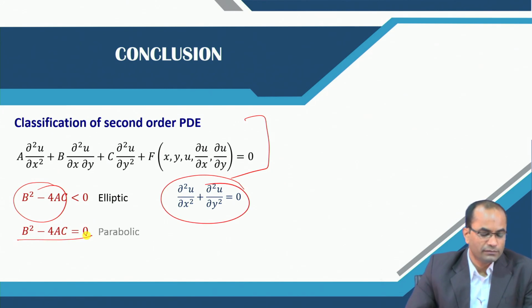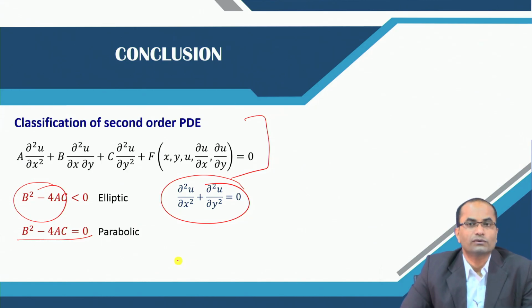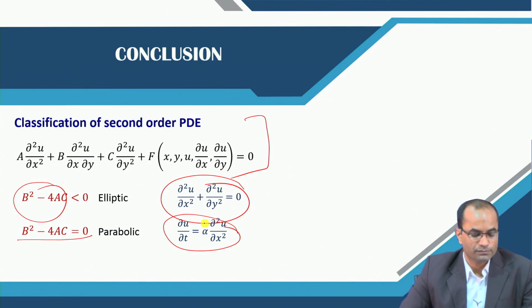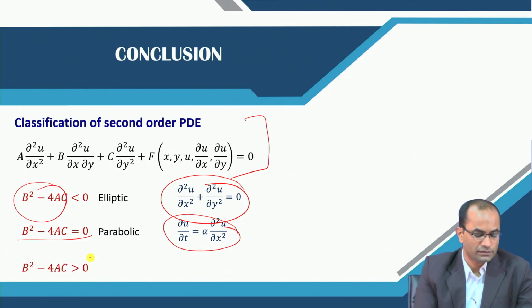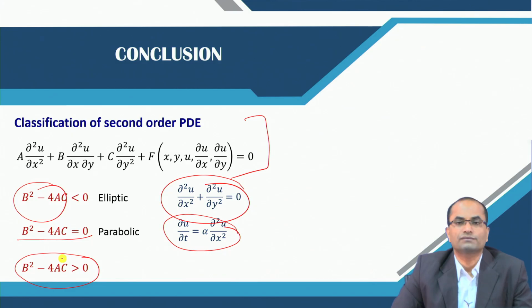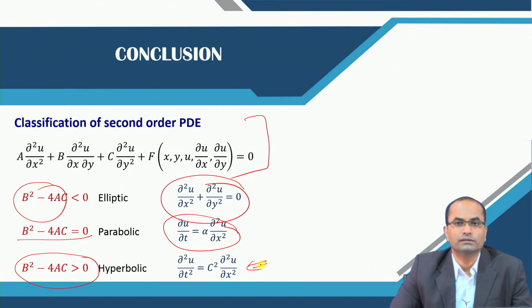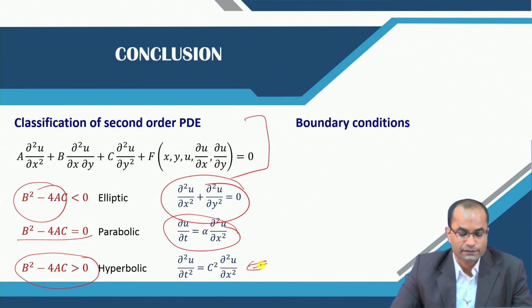If the discriminant is 0, then the equation is called parabolic, and the example was the heat equation. And if b square minus 4ac is positive, then the equation is called hyperbolic, and the example was the so-called wave equation.